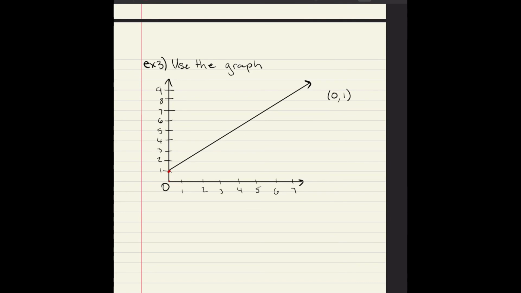Our next coordinate pair is 1 and 2. Then we go over to 2, it goes up to 3. Then we go to 3, our y is 4. 4 goes to 5.